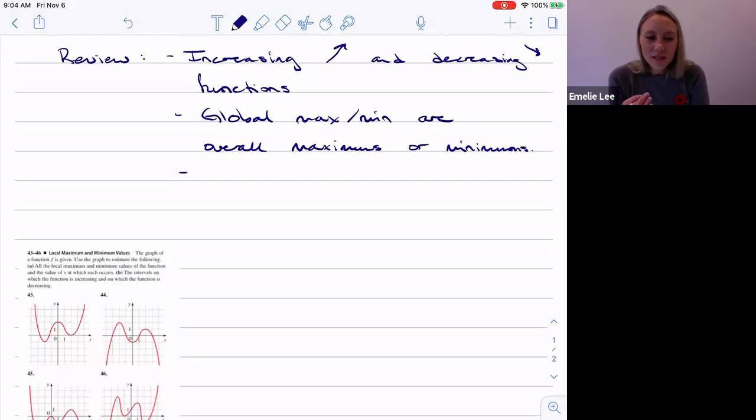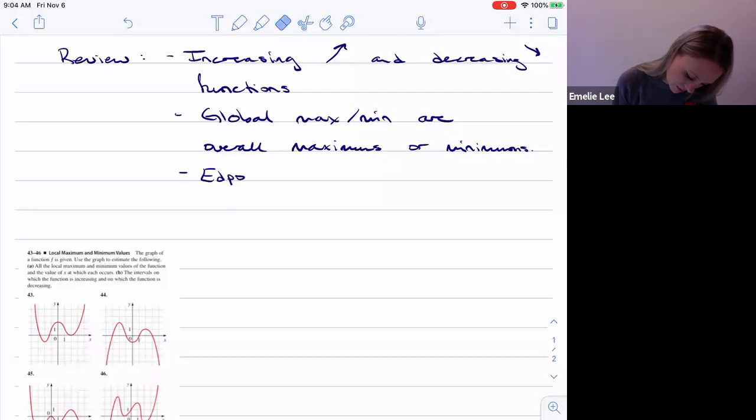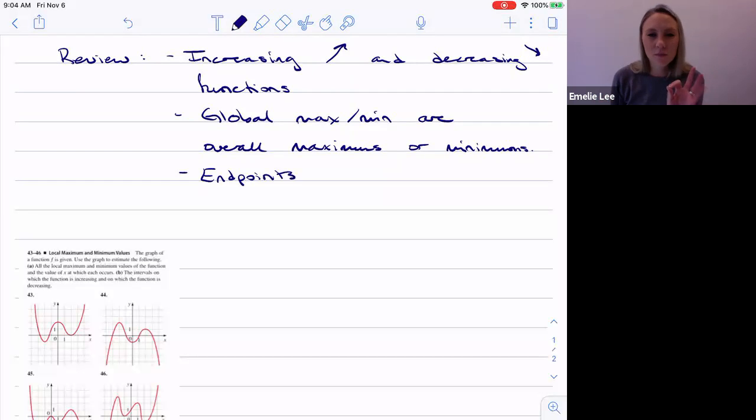Global max and mins: endpoints can be global max and mins. Endpoints are particular because, in order to be a local max or min, which we haven't mentioned here yet, it has to be the smallest point around all the neighboring points. That's what makes the endpoint hard.